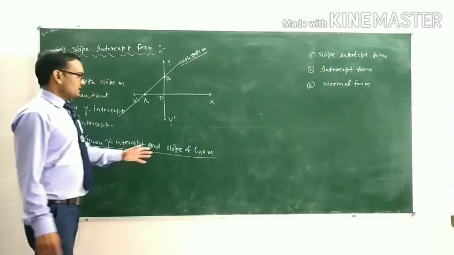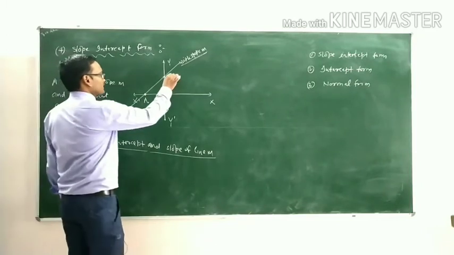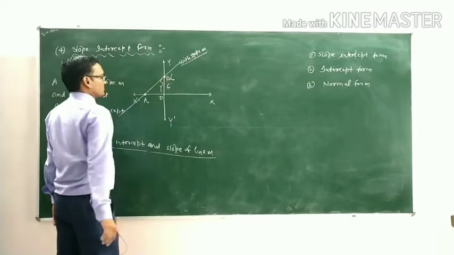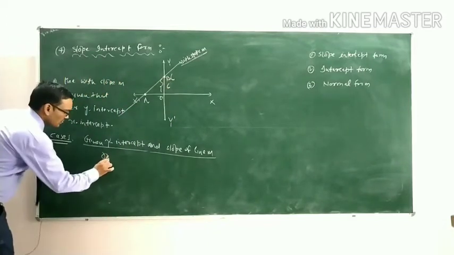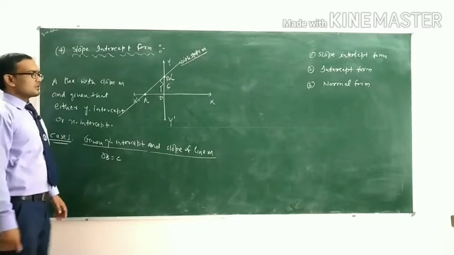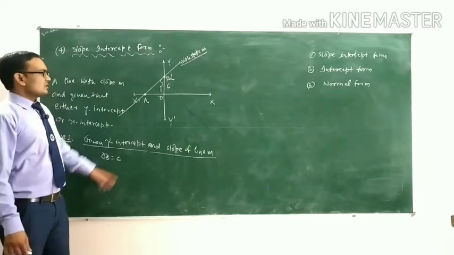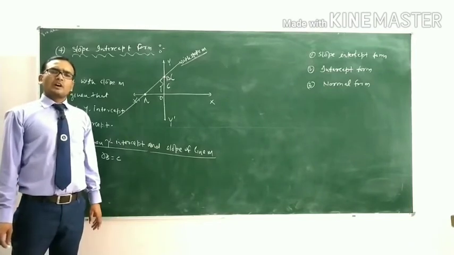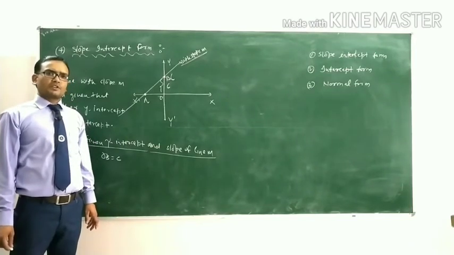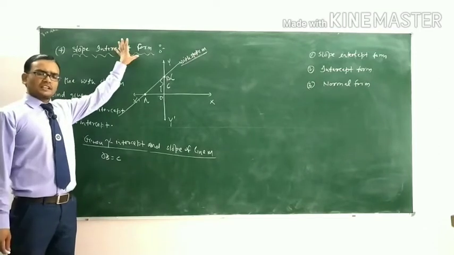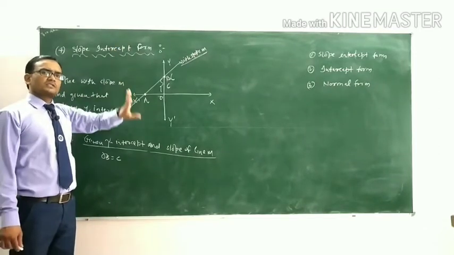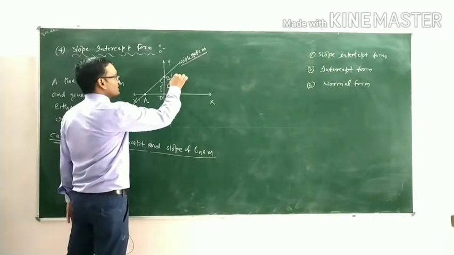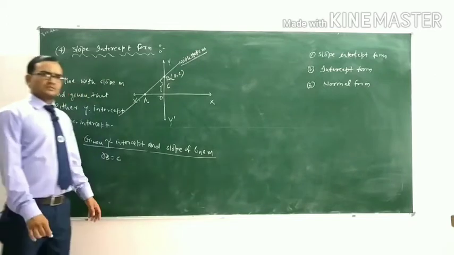The slope of the line is m and the y-intercept is c. That means OB is c. The distance OB is said to be the y-intercept of the line. Then the coordinate of point B is (0, c).